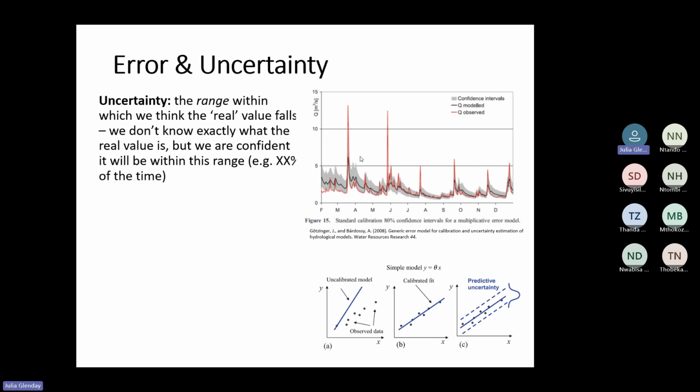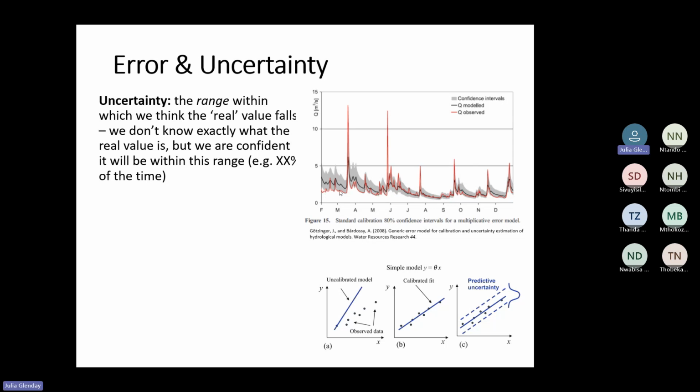So like in this figure, for example, there is observed data that illustrates it fairly well. The red line in this figure is the observed data. This is from a paper, not from our particular model, and there's months on the bottom.